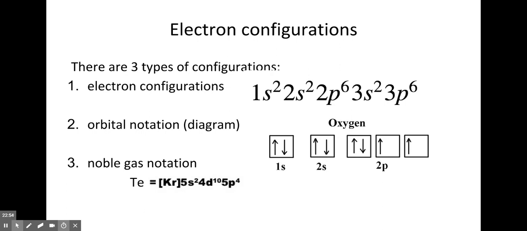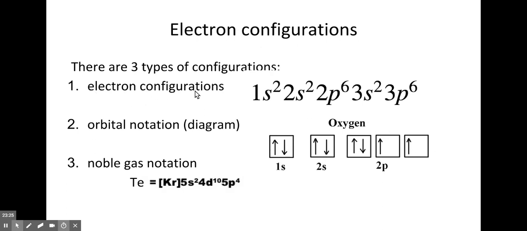You could just draw blanks above the energy level and sublevel, but it is the one that has the arrows. And remember, when you're filling up these orbitals, you've got to obey Hund's rule, the Aufbau principle and the Pauli exclusion principle, so you have to fill from low to high energy levels, and when you get to degenerate or equal energy orbitals, you have to fill one orbital at a time with electrons of the same spin before you can go back and start pairing them up.